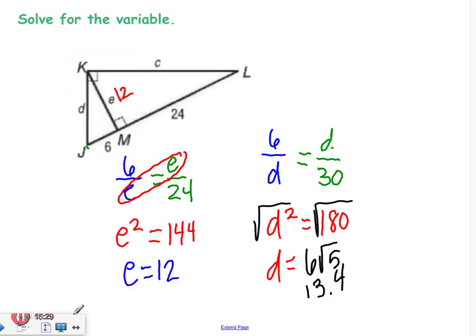Could I do the hypotenuse over the long leg? So I'm going to have 30 over our long leg is equal to, what's the hypotenuse length on this right triangle here? C. And what's our long leg? Nice, 24.